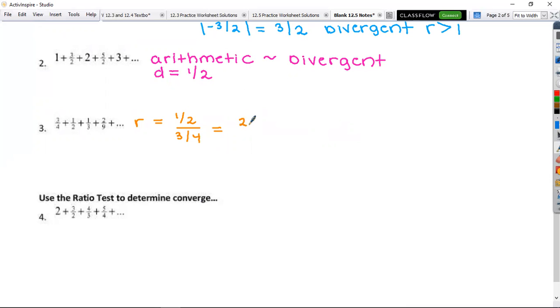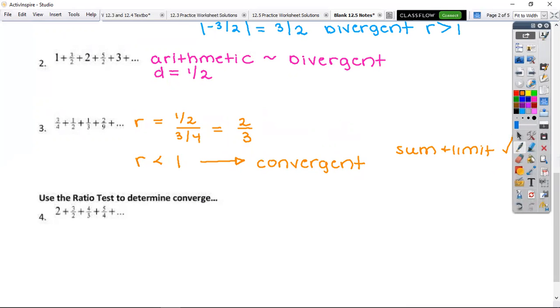So 2/3. And then you're going to classify this. So right now we know that R is less than 1. So therefore, this one is going to be, yes, very good, convergent. And again, to relate it back to last week, your sum and your limit, we would be able to find. Okay, so it kind of builds on that philosophy.